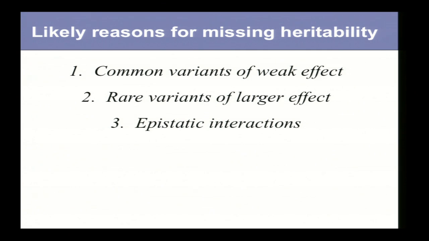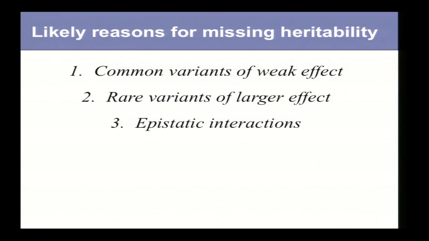Right? So I assume that there are three potential explanations. One is we may have many more common variants of weak effects. We just don't have statistical power nowadays to detect them. We may have rare variants of larger effects. So they may have larger effects, but we cannot detect them because they are rare. The frequency is low, so statistical power is diminished.